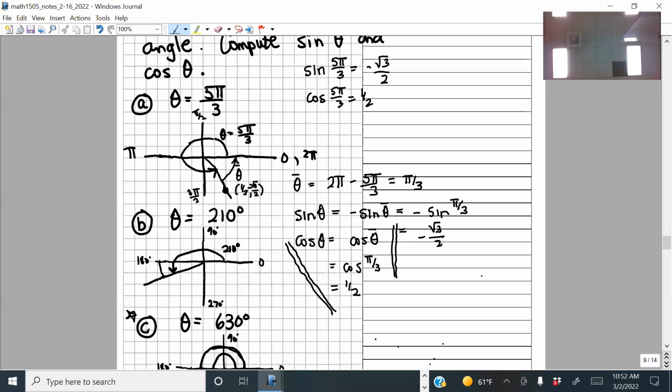So that's going to be this angle right there. Make sure you draw it positive. Don't draw the arrow backwards because that is negative. So there is a picture of theta bar.